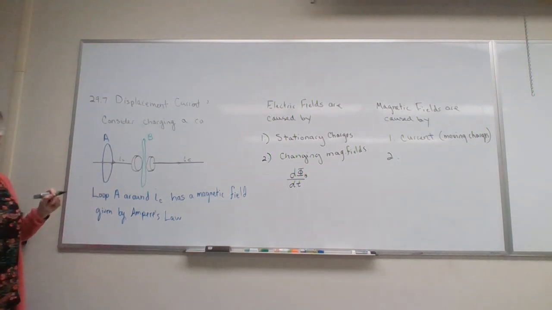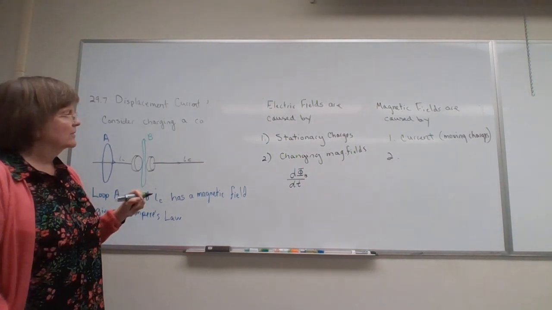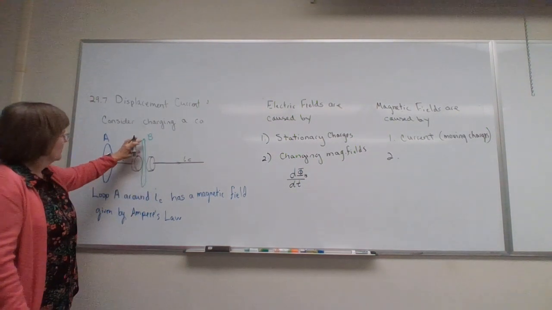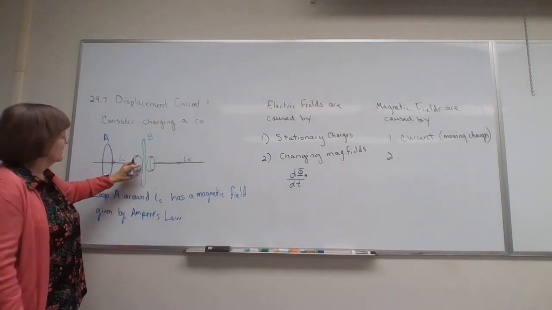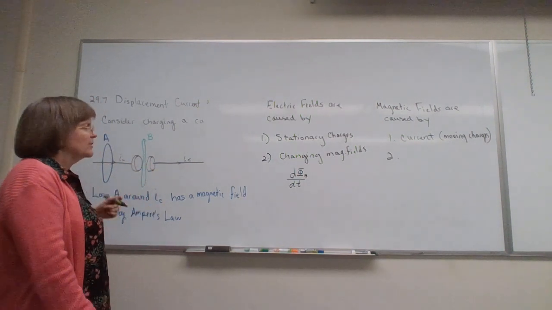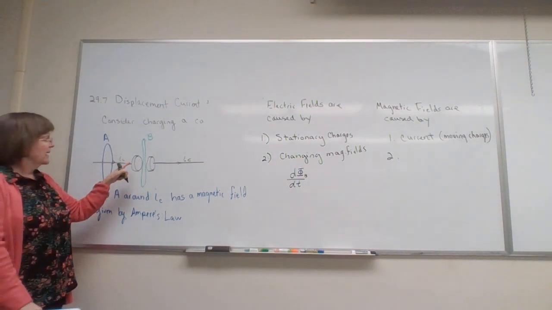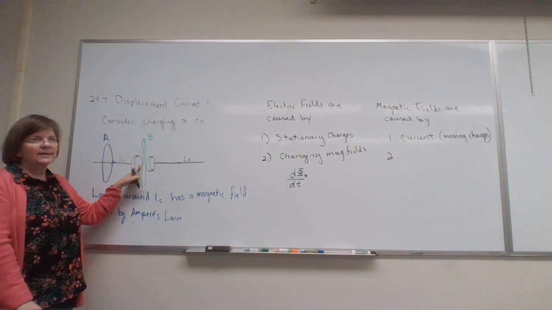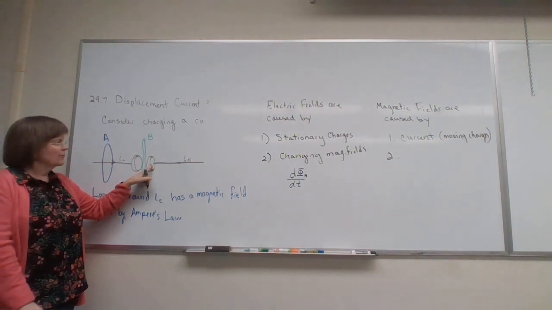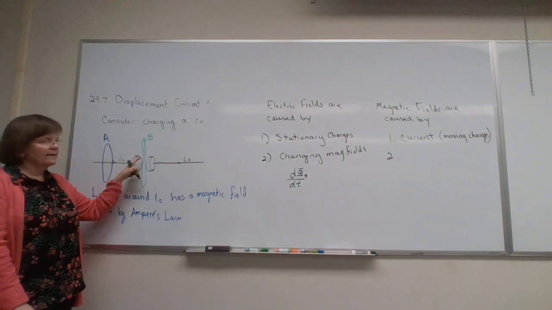But what could be causing a magnetic field right here, where we don't see any current? We don't even have a wire connecting the two plates. But if we stop and think about it, as positive charge builds up on this plate and negative charge builds up on this plate, we're actually creating an electric field.